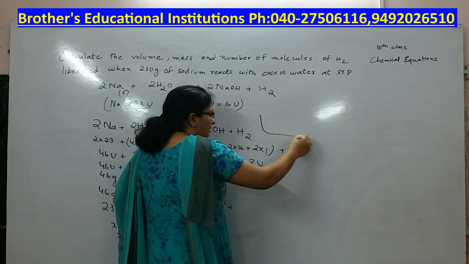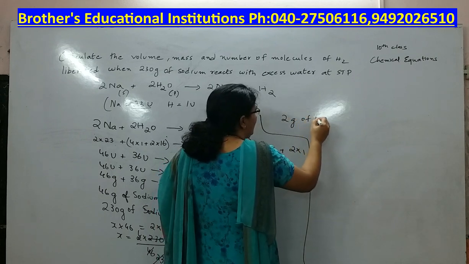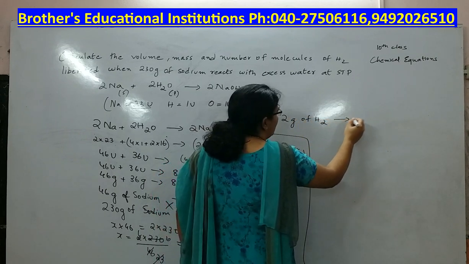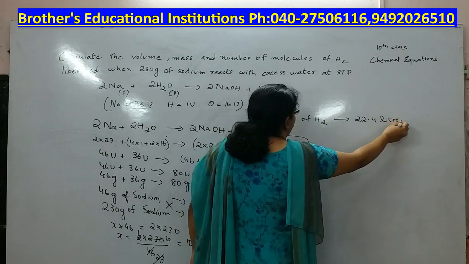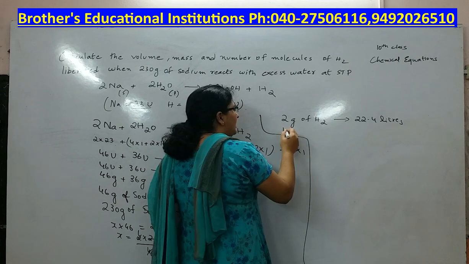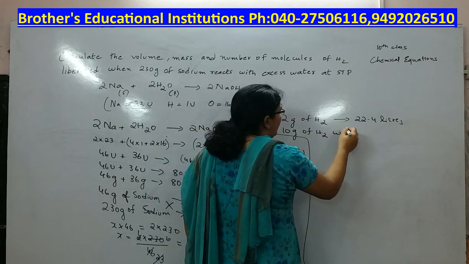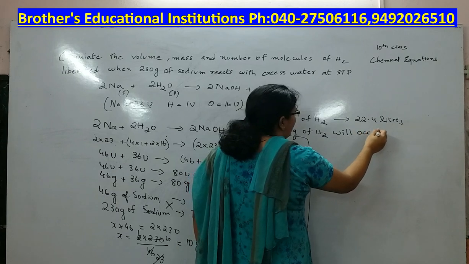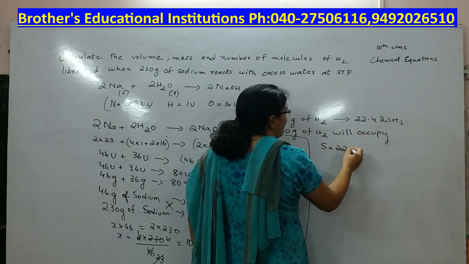We know that 2 grams of hydrogen occupies 22.4 liters. Then 10 grams of hydrogen will occupy 5 into 22.4 liters.